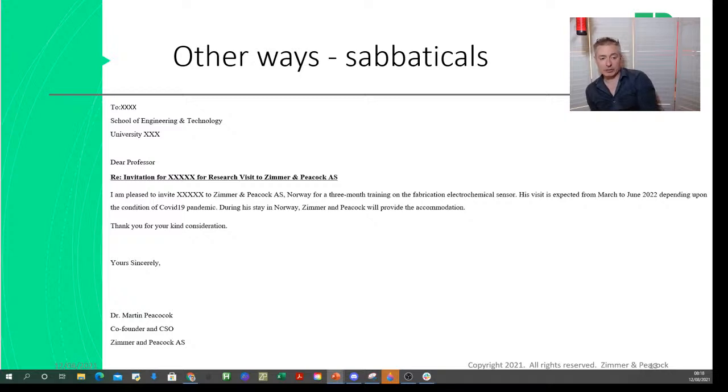If you're at university and you want to do a sabbatical with us, find out how long the university will give you away, find out how much costs they will cover, and then talk to us about helping with the costs on that. It's probably a good experience, and it's a good way of getting to know us a little bit more.